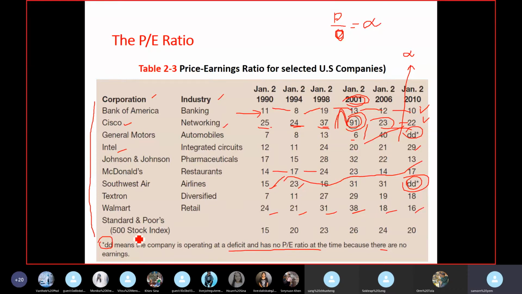Another is the Standard and Poor 500 stock index. This is a collection of credible companies. Most people who want to invest or be part of the investors normally consider a credible company. Starting from number 15, 20, 23, 26, 24, 20, you can see it is very stable.